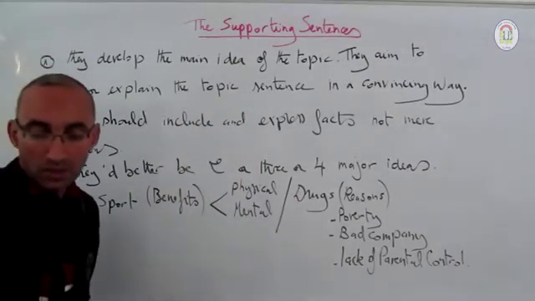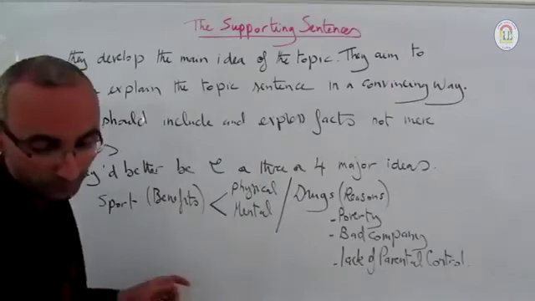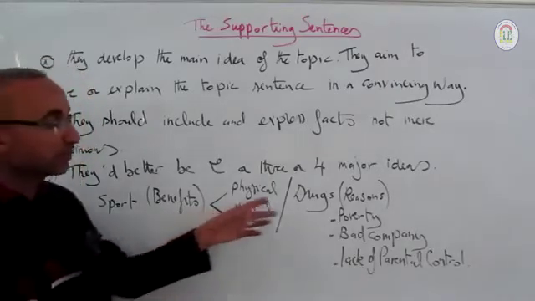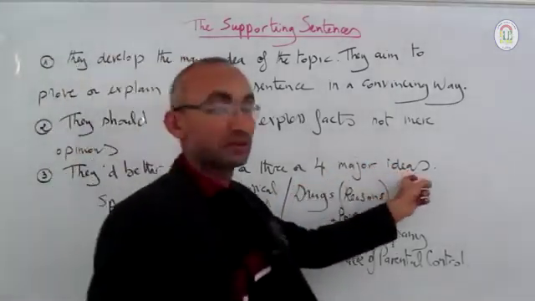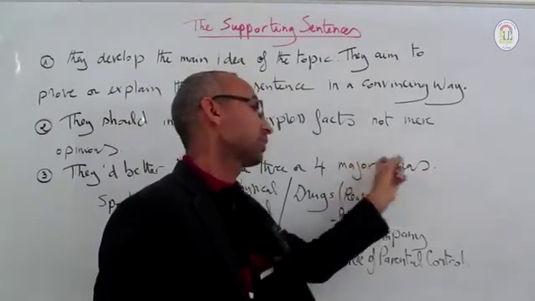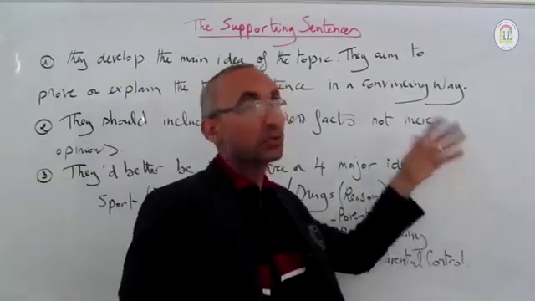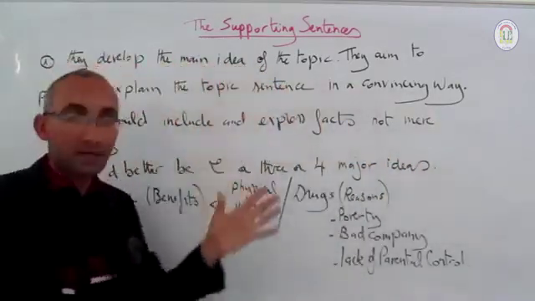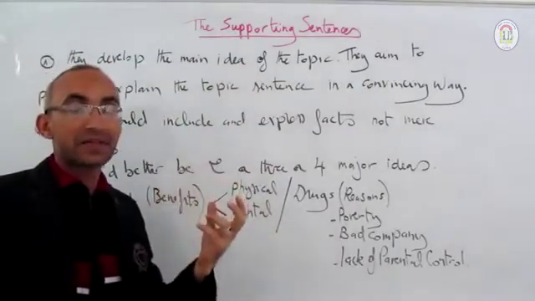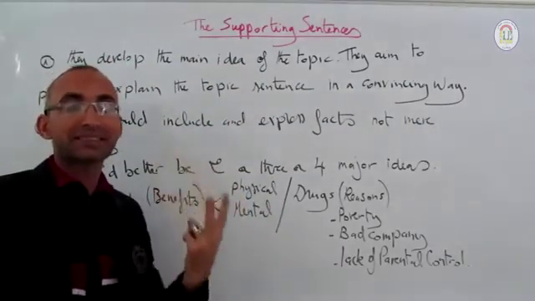Good. Now also, as you see here, we have what we call major ideas, or major supporting sentences. So in this part, we can say that there are 2 types of supporting sentences.